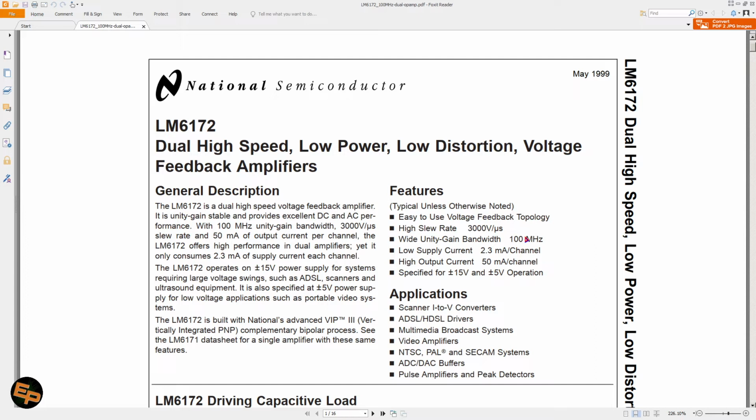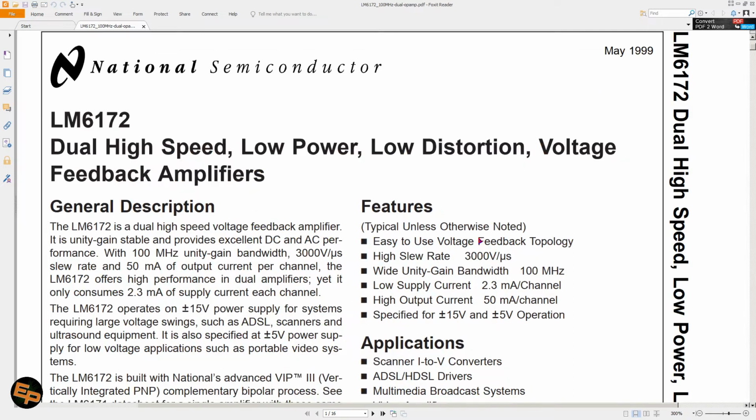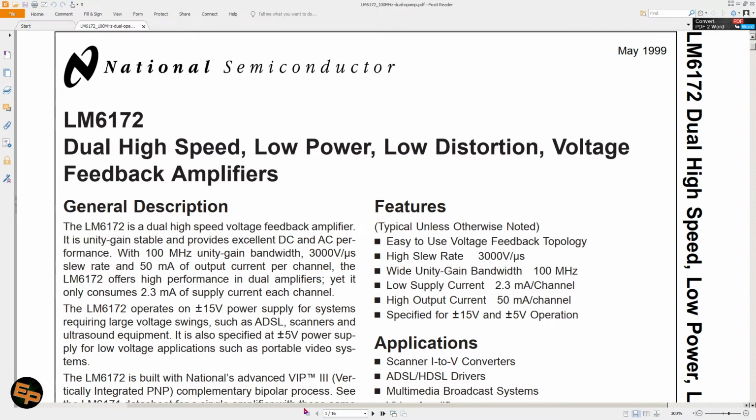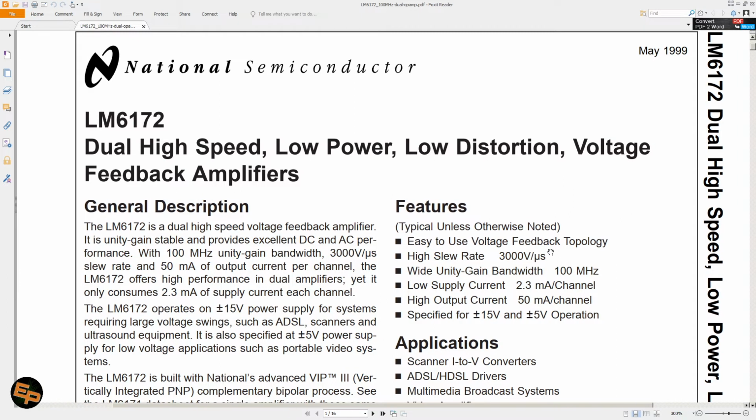These are 100 megahertz operational amplifiers that have a pretty high slew rate, 3000 volts per microsecond, as we see here. That's quite a lot, and it's more than other amplifiers that have a 100 megahertz bandwidth have.